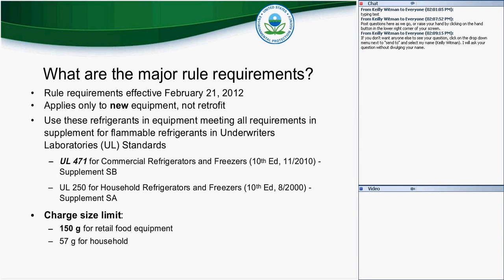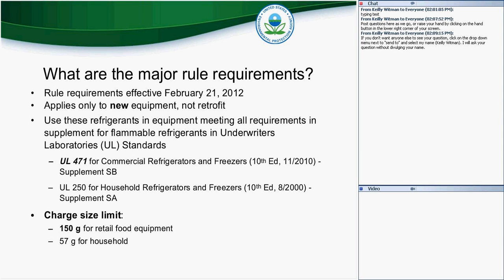Okay. Here's a good one. So under Section 608, the provisions for refrigerant recovery, are recovery machines approved for hydrocarbon usage? Well, that is a good question, and I'm not an expert on Section 608, so I don't know.